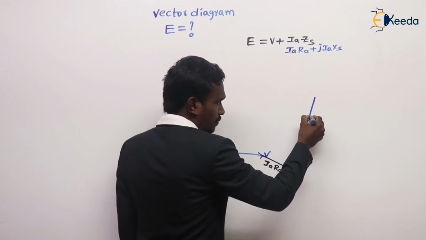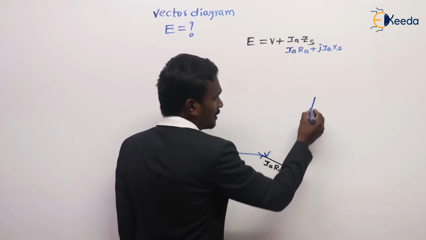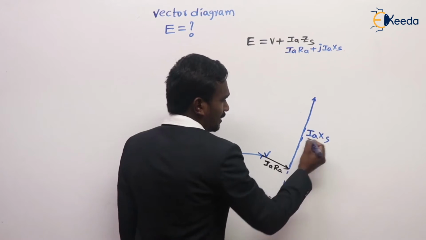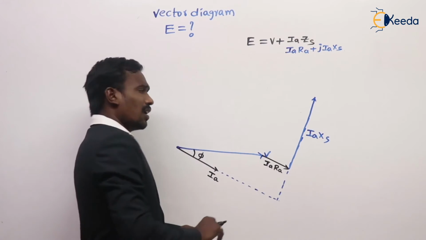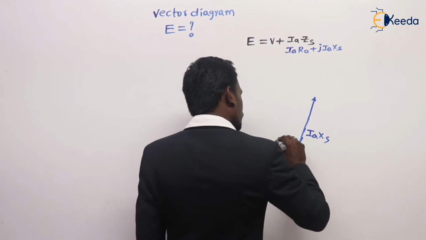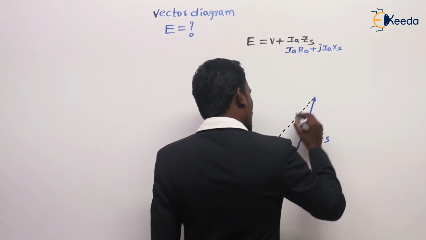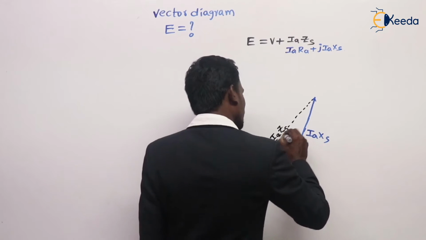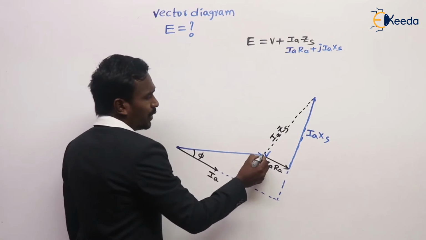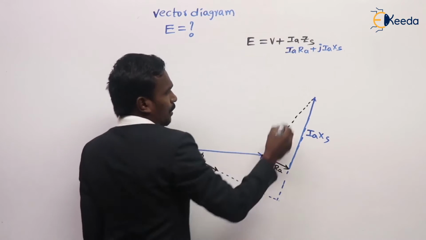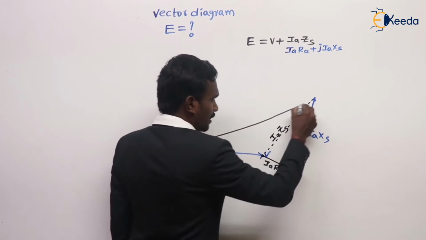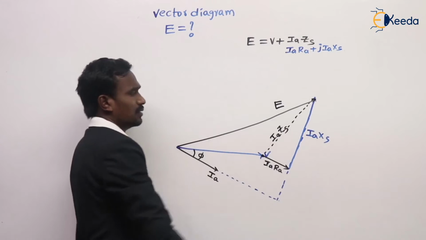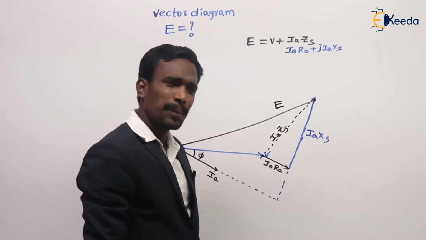So this is my IAXS vector. Of course, this is my IAZS. V plus IAZS is equal to the EMF E. This is the EMF E.